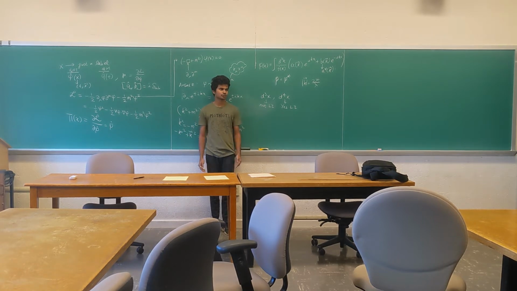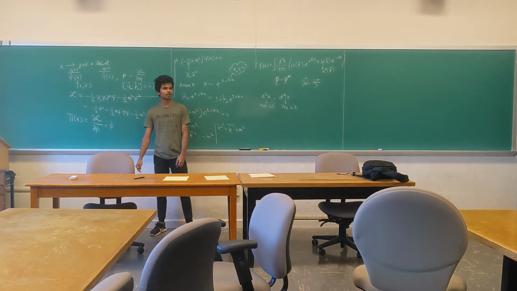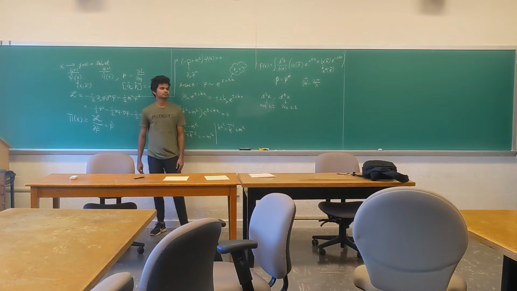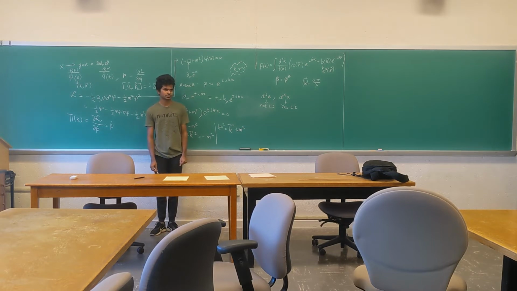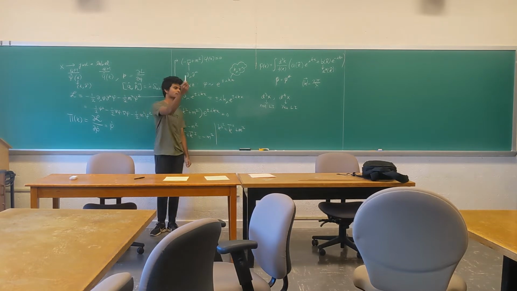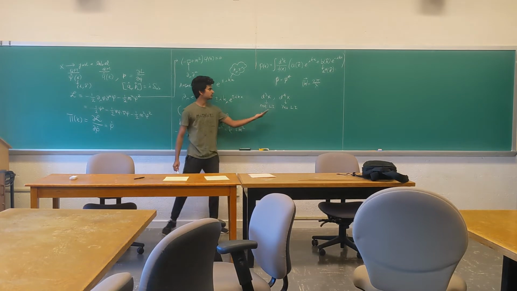If length contracts by a factor of gamma, time dilates by a factor of gamma. Is it somehow related to ds squared? I don't think it's related to ds squared. ds squared is a line element along the world line. This is just a volume element.